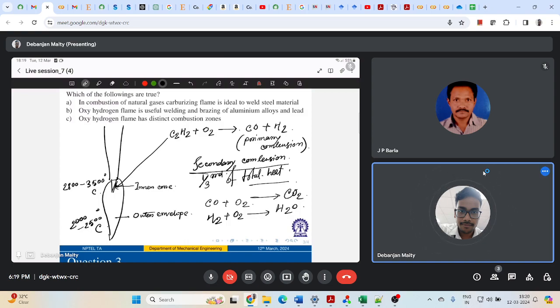Also, just by hearing the sound of the flame coming out of that nozzle, you can understand what kind of flame you are generating. And an oxidizing flame is generally preferred when welding brass kind of material, because if it forms copper oxide, it covers the weld pool and thus prevents zinc from evaporating from the weld pool.